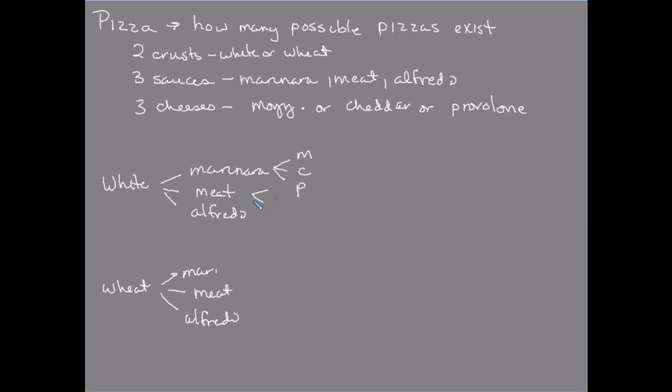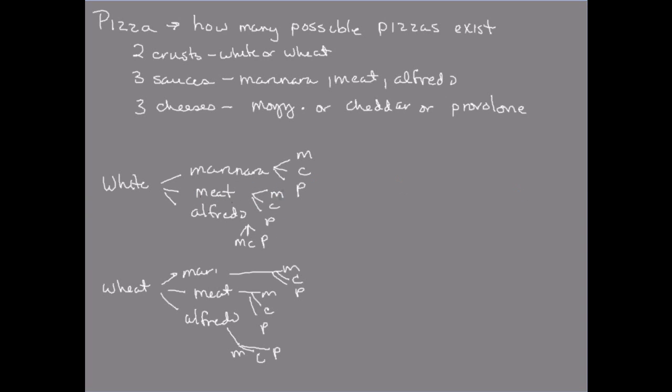And we can choose mozzarella, cheddar, or provolone for any of the sauces that we pick. So we can have a white marinara with mozzarella, or a white marinara with cheddar, or a white marinara with provolone, a white meat with mozzarella, white meat.